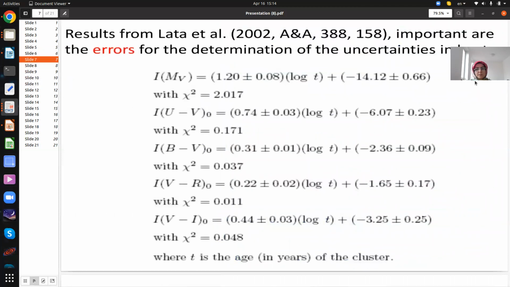Here, what is important are the errors for the determination of the uncertainties in log T, and we can get integrated color with age, and we can replace age here and then get the integrated color for each of them, that are dereddened. As you see, we have 0 here, so it is dereddened.